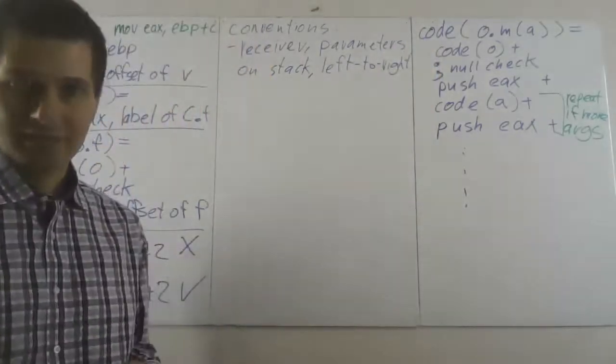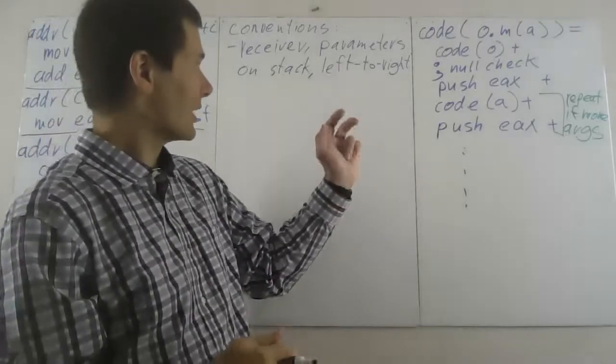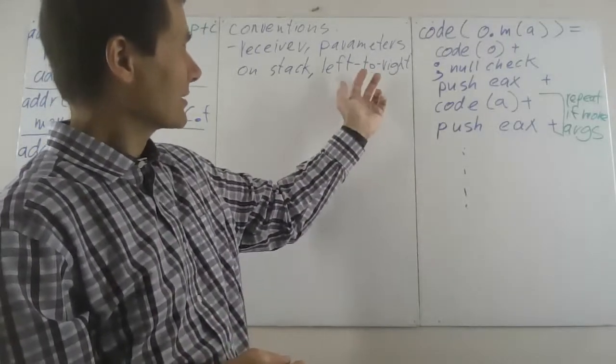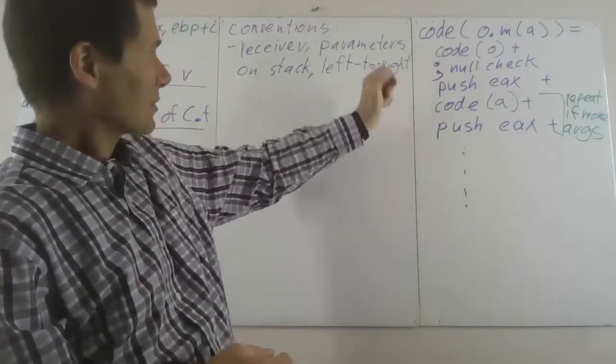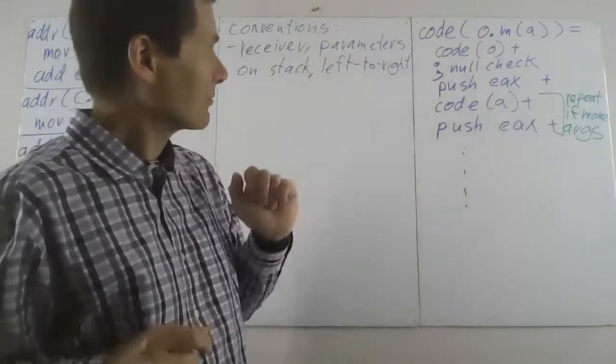I think I talked earlier about the varying conventions, that for C, for example, typically they use an opposite convention where they push the arguments onto the stack from right to left.